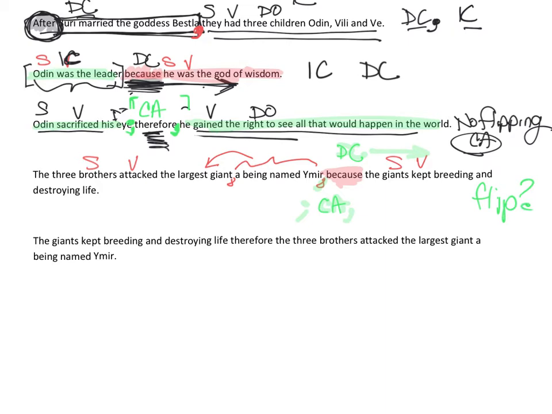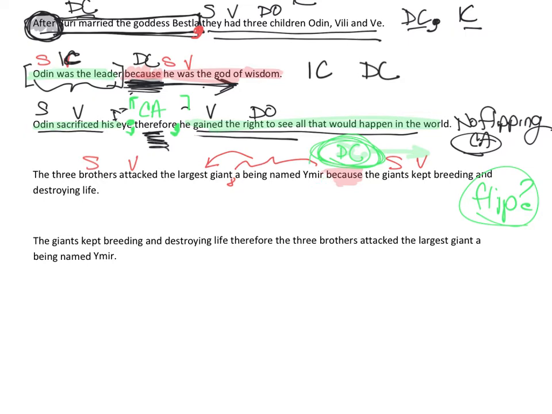Well, can it? The three brothers attacked the largest giant because the giants kept breeding. Because the giants kept breeding, the three brothers attacked the largest giant. Does it flip? Yes. Because it flips, that means we know it is a dependent clause, so I do not have to add any additional punctuation.